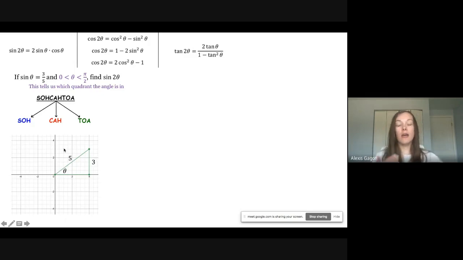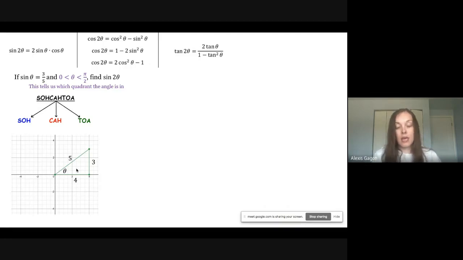I would just solve this triangle because it's an easy one. It's a 3, 4, 5 triangle. If you use the Pythagorean theorem, you can solve for this side and you end up getting 4. Or if you remember, there are certain Pythagorean triples, and 3, 4, 5 is always going to be one of those. Okay. Are we all okay with that? Are there any questions so far?